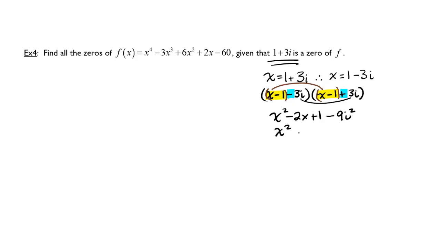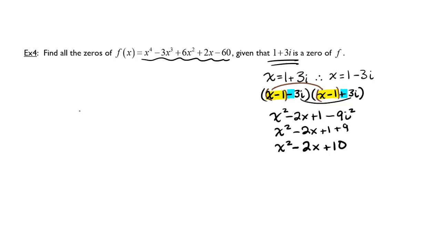Simplifying further, I have x squared minus 2x plus 1 plus 9. So finally, I know that one of my large factors with real coefficients is going to be x squared minus 2x plus 10.